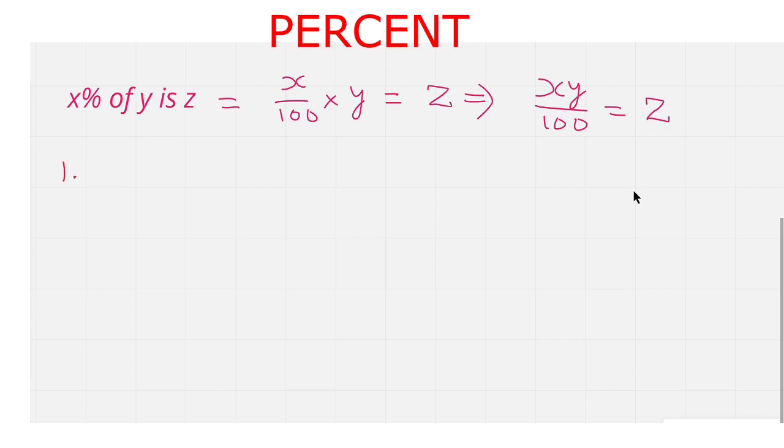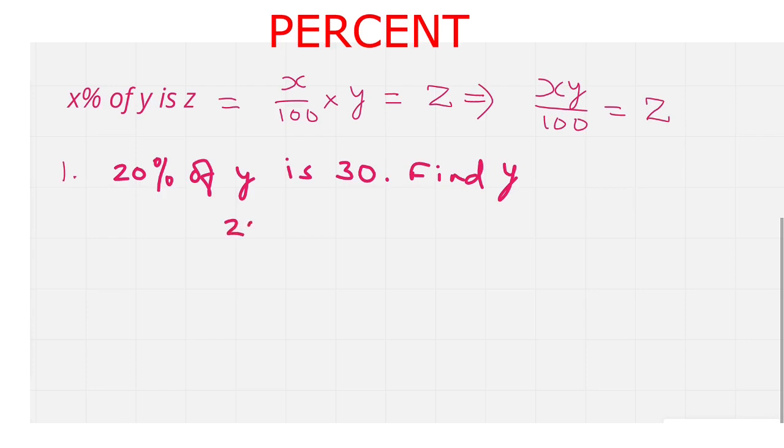Our first example is 20% of y is 30. Find y. If this is our question, then we know x and z and we have to find y. So we solve like this: 20 upon 100 into y equal to 30.